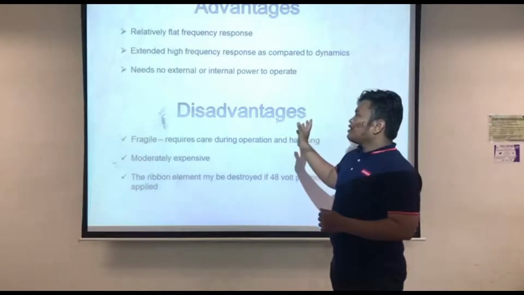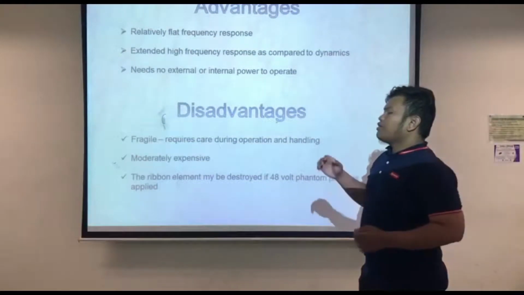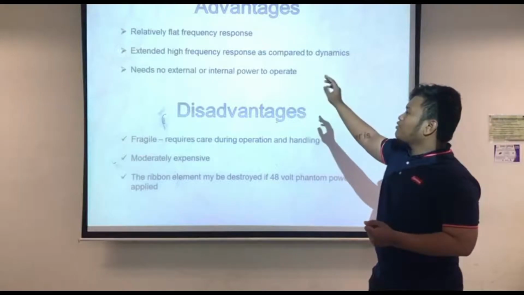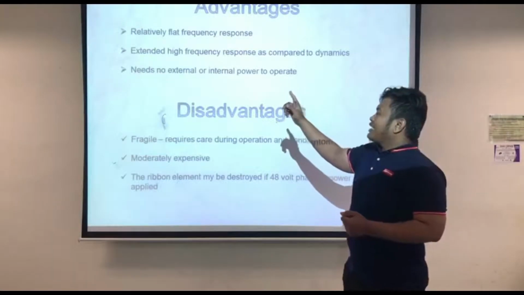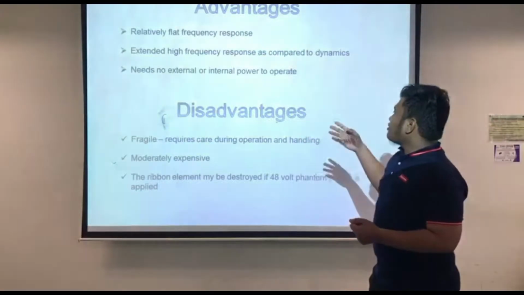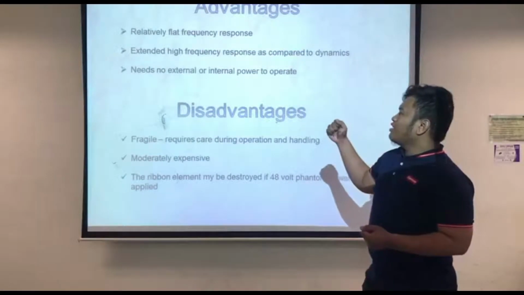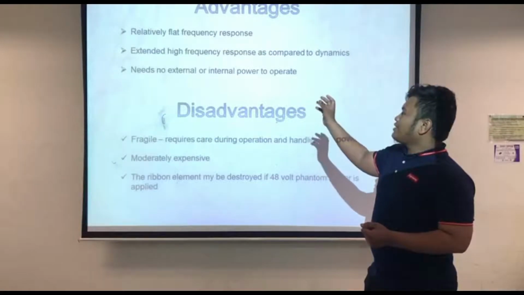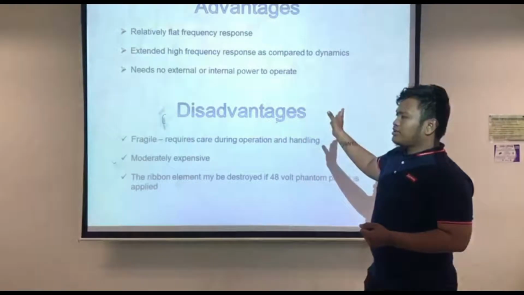Now the advantages of the ribbon microphone: first, relatively flat frequency response. Second, smooth high frequency response as compared to dynamic. Lastly, no need for external or internal power to operate.